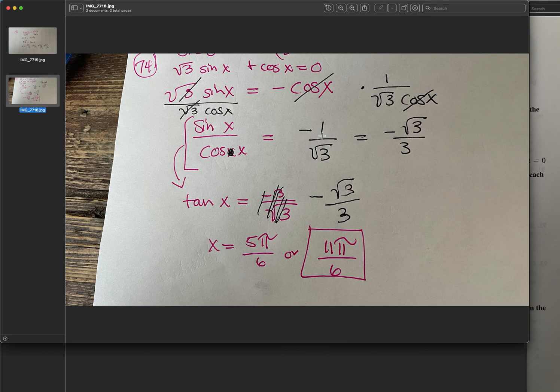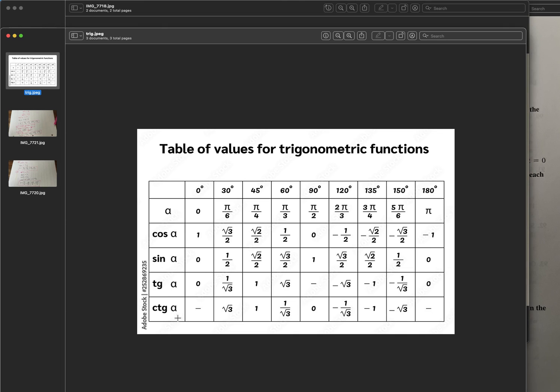So we could have just stopped up here. But I only want the negative ones. So 5 pi over 6.